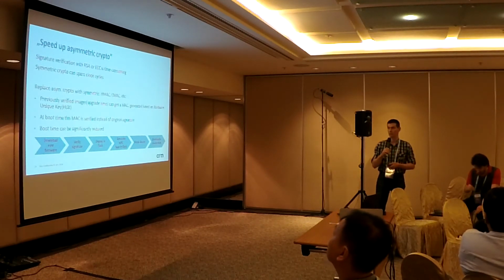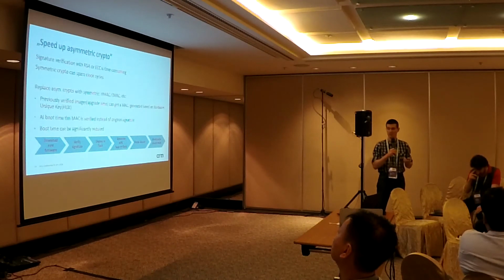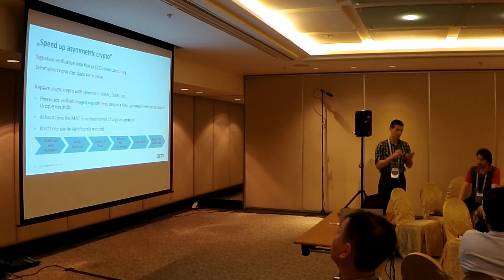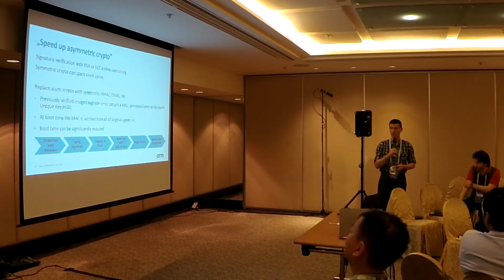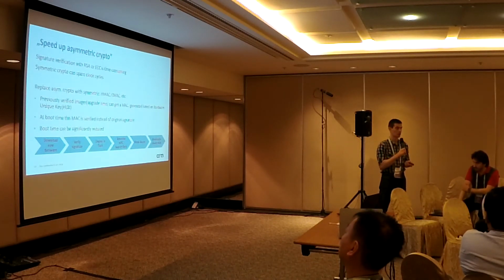It uses RSA or ECC to verify the image. And if the verification passed, then it generates a new digital signature. But this new digital signature is not asymmetric crypto based. This is an HMAC or CMAC message authentication code.